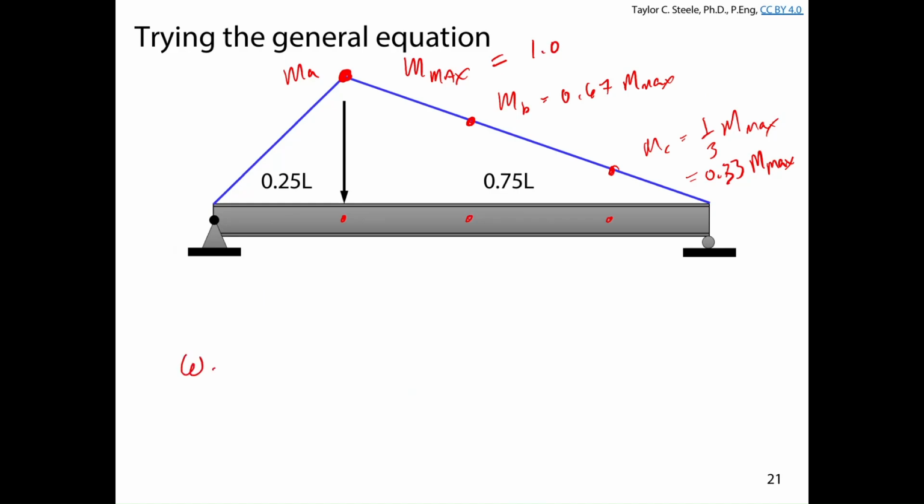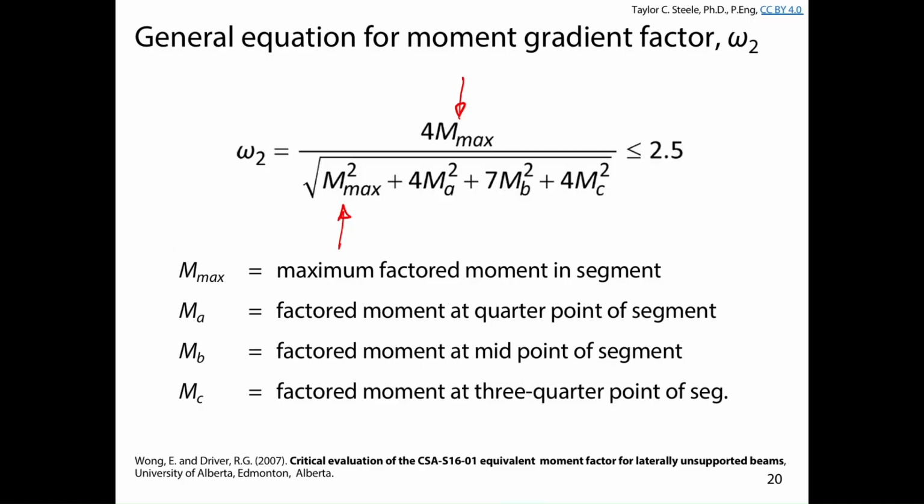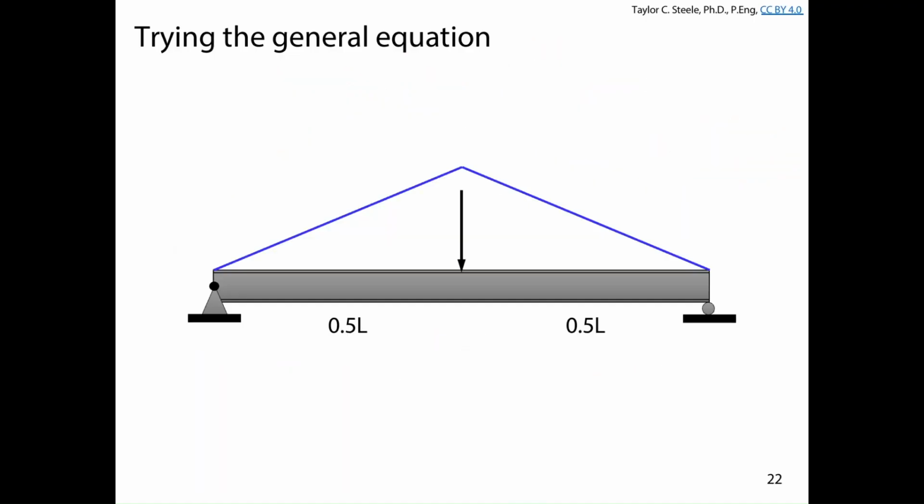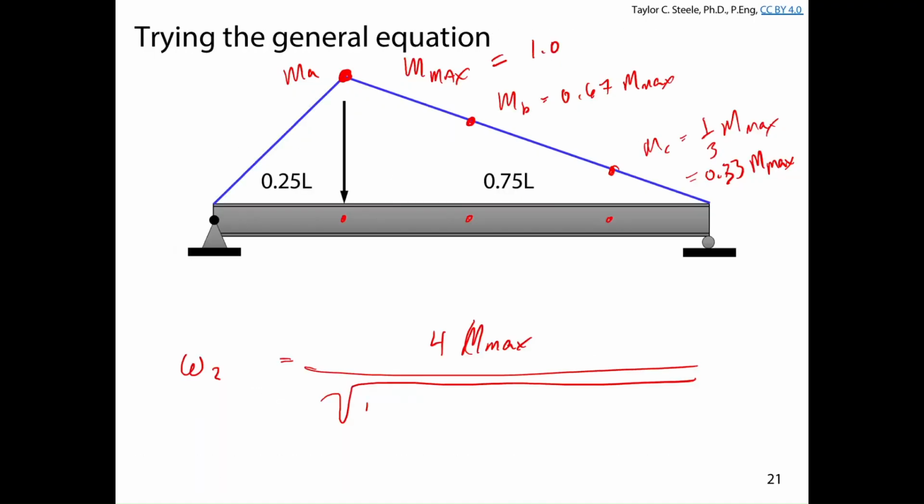We get omega 2 is equal to 4 M max divided by the square root of M max squared plus 4 MA squared plus 7 MB squared plus 4 MC squared.